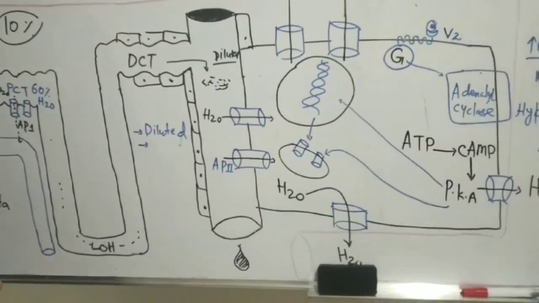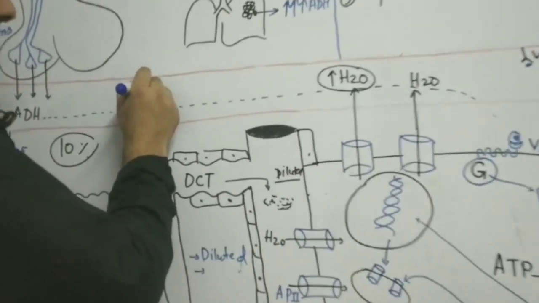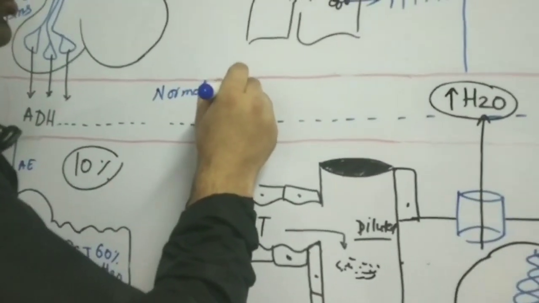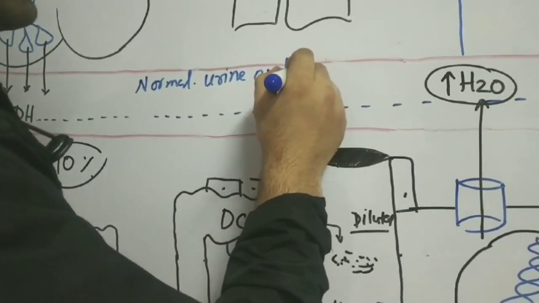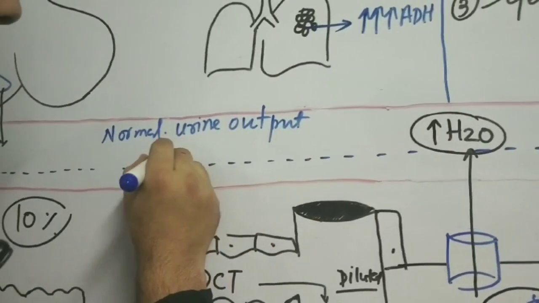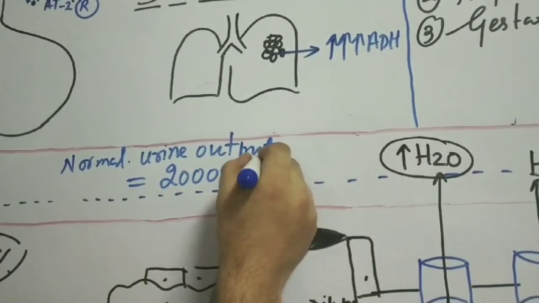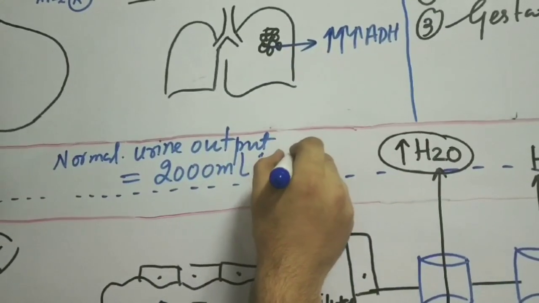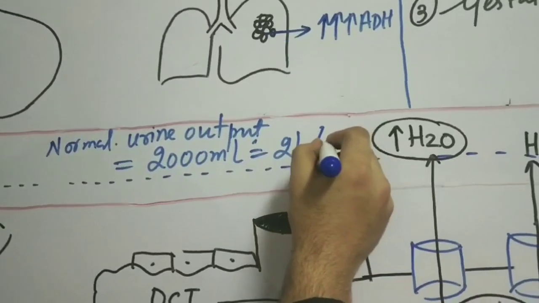Let me write here, the normal daily urine output is 2000 ml, which is equal to 2 liters per day.